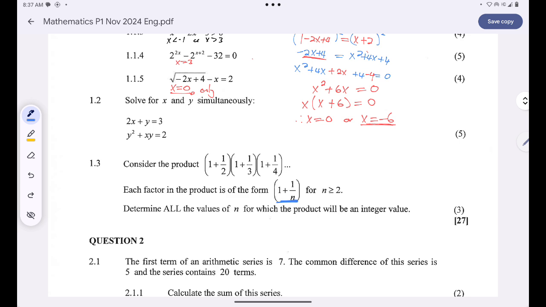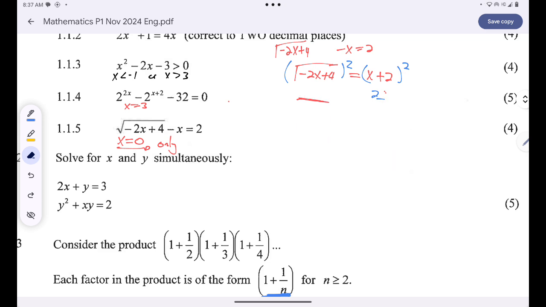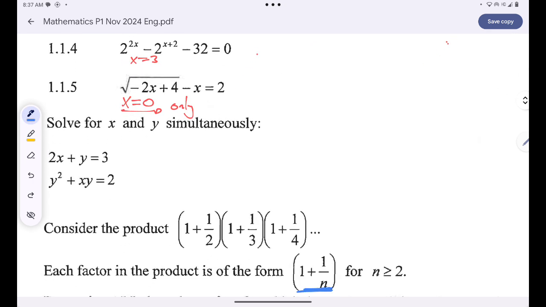For integers, guys, we know that the denominator should always be 1, né? That's the first requirement of having an integer. It should have a denominator which is equal to 1. Okay, let's see how this folds.